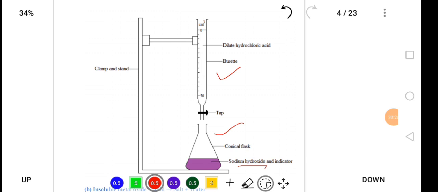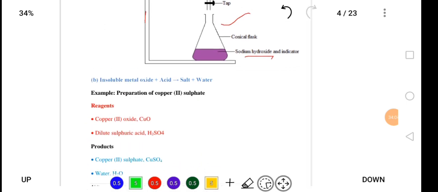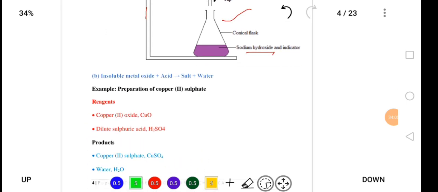From there, you are going to form a relationship that if it reacts with 20 cubic centimeters of dilute hydrochloric acid, you can come up with a sentence that you just need 20 cubic centimeters of hydrochloric acid to react with 25 cubic centimeters of sodium hydroxide. So that is the titration experiment.